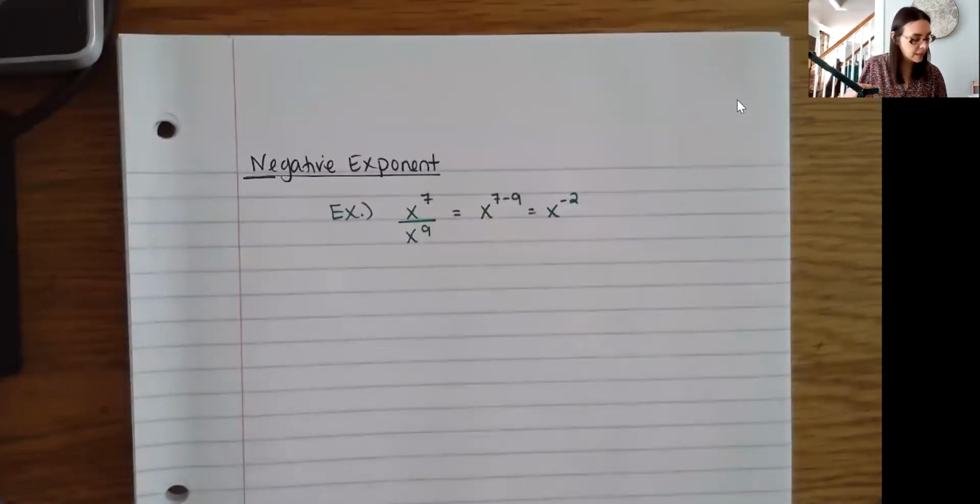Okay, so a negative exponent actually sort of refers to a reciprocal or flipping idea.